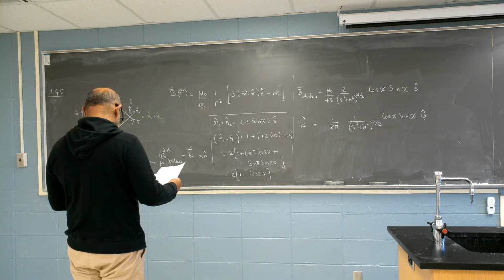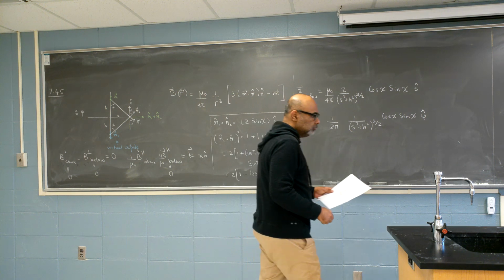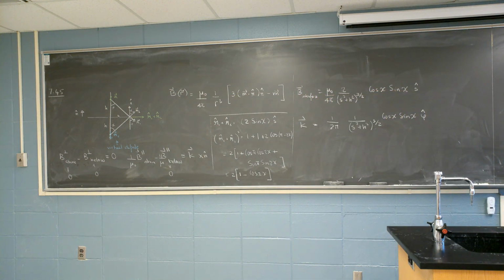Did we have a minus in the B? Actually, I do have a minus in the B. I don't know where the minus came from. Cosine of pi minus chi is minus cosine chi.